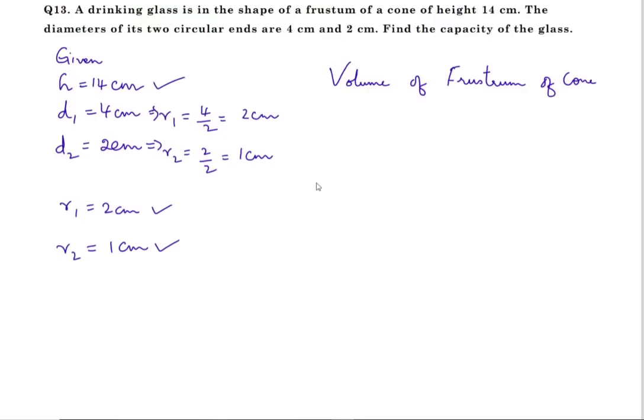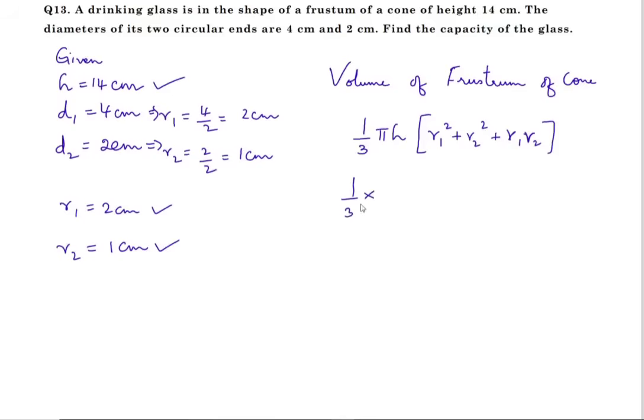Volume of frustum of a cone is 1 by 3 pi h times r1 square plus r2 square plus r1 into r2. Students, it is not v, it is r.